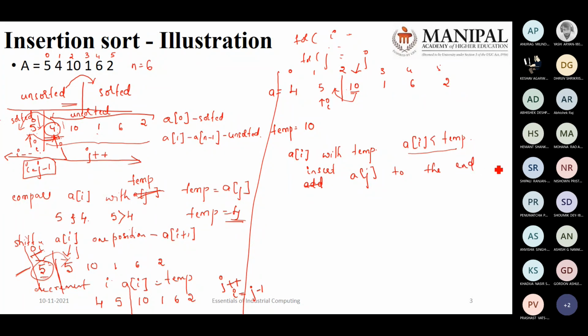So it is basically A of I plus 1 is equal to 10. After doing this, 4, 5, 10 is in the sorted list, and 1, 6, 2 is in the unsorted list.